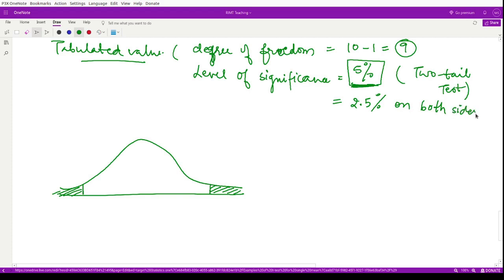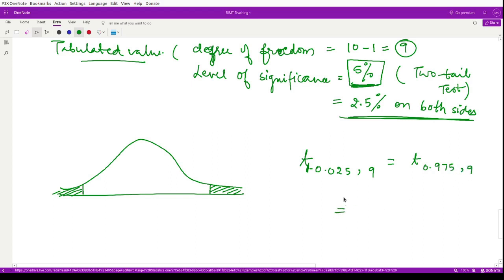So this is for a two-tail test. That means we will check for the value of t at 0.025, or you may check your values at 1 minus 0.025 comma the degrees of freedom, which are 9. So this would be t 0.975 at 9 degrees of freedom.